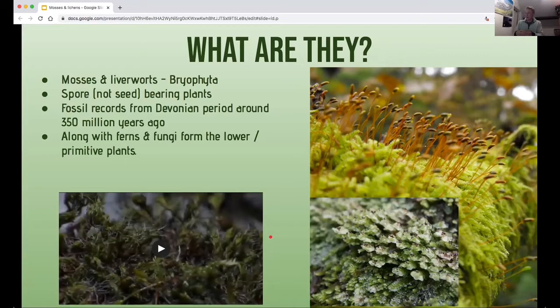So even something that's been dormant for 1,500 years has been shown to come back to life and carry on living. So they can tolerate some incredible extreme conditions.